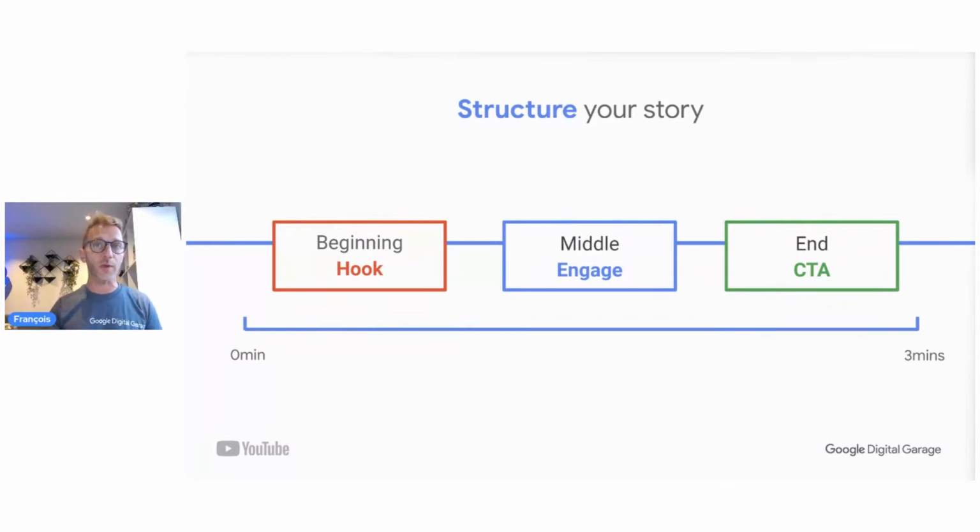Do you want them to comment? Maybe you want them to suggest topics for your next video. Maybe you want them to join your community. We will talk about community soon in YouTube. Every video has something to say: a hook, and then the content, but also what do you want them to do?